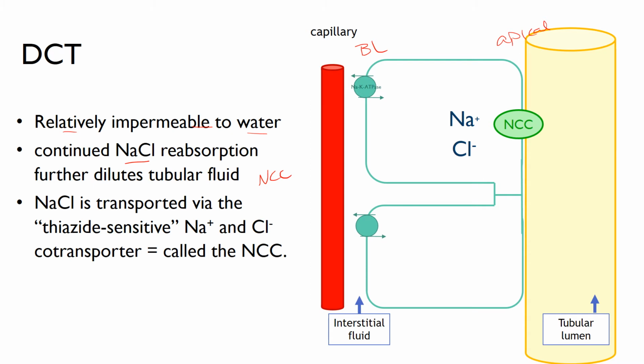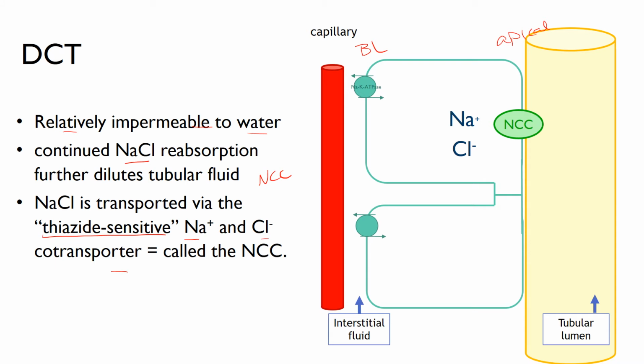NCC stands for the sodium chloride cotransporter, or sometimes channel. It's pretty straightforward, but this is the only place in the nephron that the NCC exists. The NCC is also known as the thiazide-sensitive sodium chloride cotransporter, although technically it is a cotransporter.